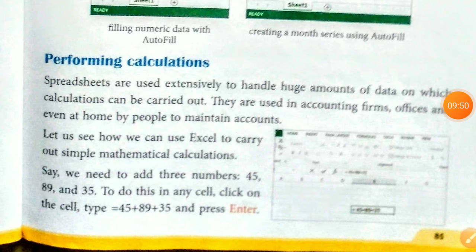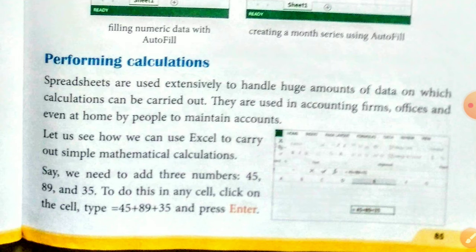Next is performing calculations. Students, spreadsheets are used extensively to handle huge amounts of data on which calculations can be carried out. They are used in accounting firms, offices, and even at home by people to maintain accounts. Let us see how we can use Excel to carry out simple mathematical calculations.